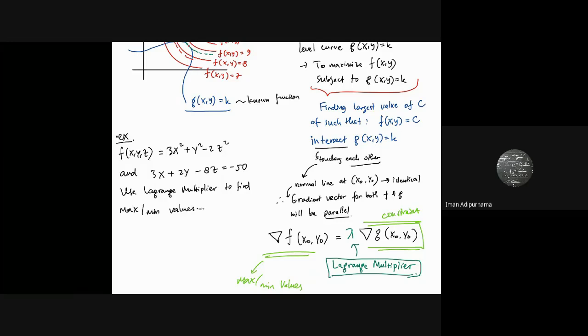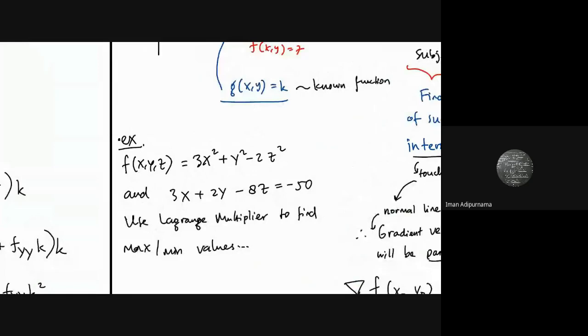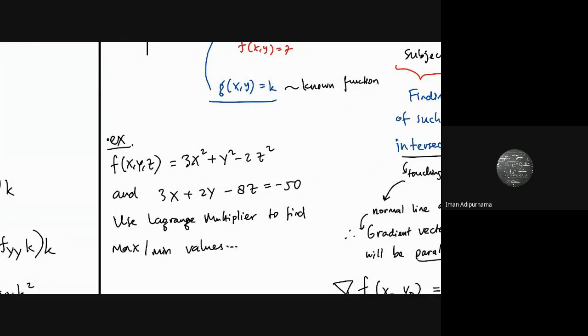Okay, if you look at this, of course, this is the one that we want to look for, the f, right? To find the maximum and minimum value of the function. And the second equation here will be our constraint.